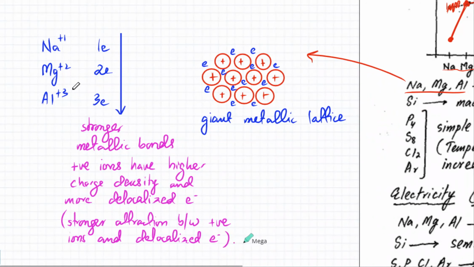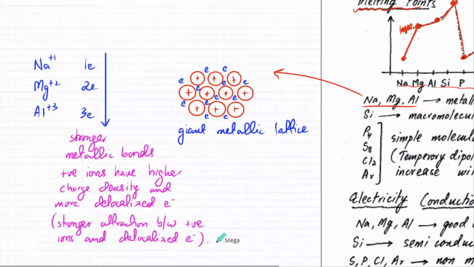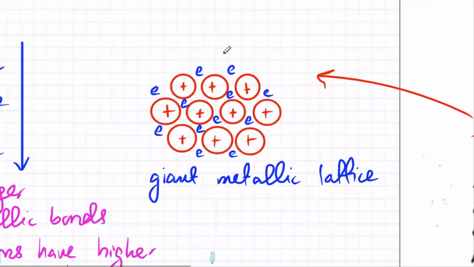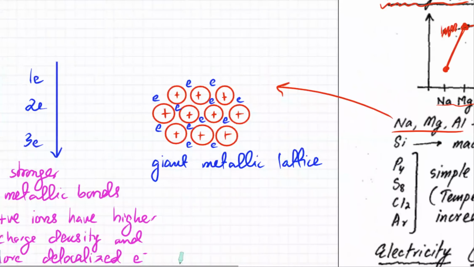So the strength of the metallic lattice increases because remember the attraction in the metallic lattice is between these delocalized electrons and the positive ions, which attract each other. So that is what a metallic bond is.